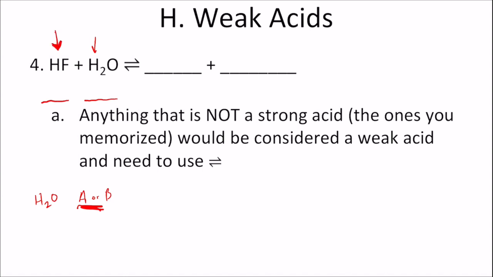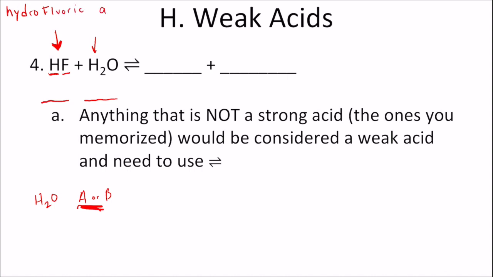If we wanted to name it, well, it's H and then one other element. So it's binary, which means to name it, we would have to use the hydro and then its core, fluor, and then ic at the end of it.